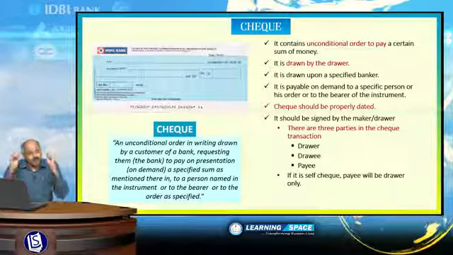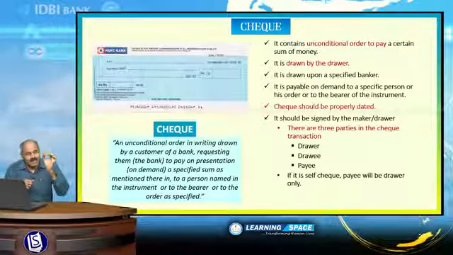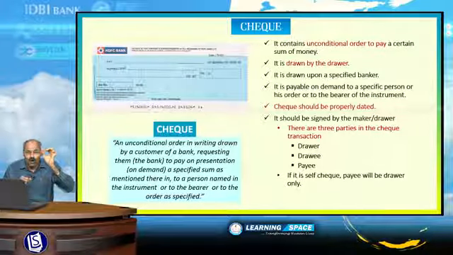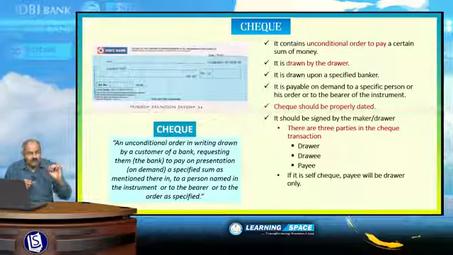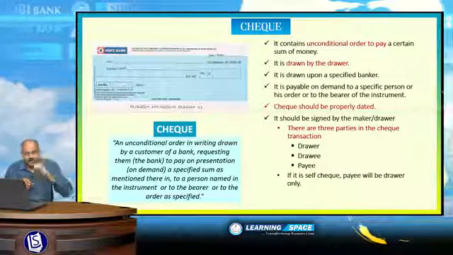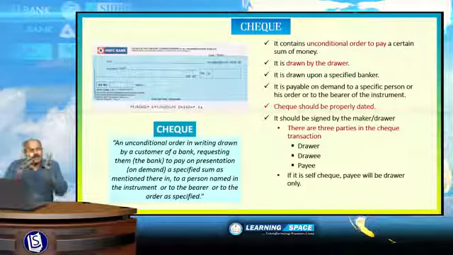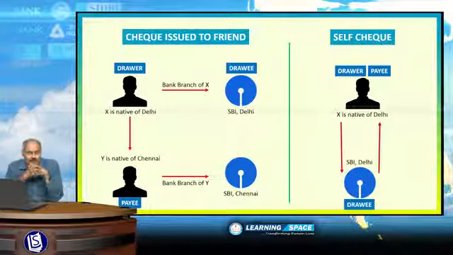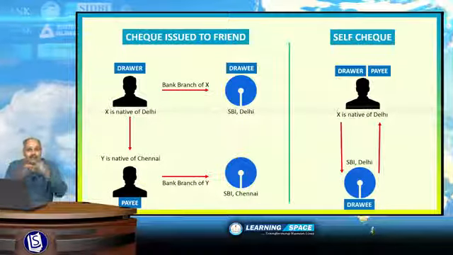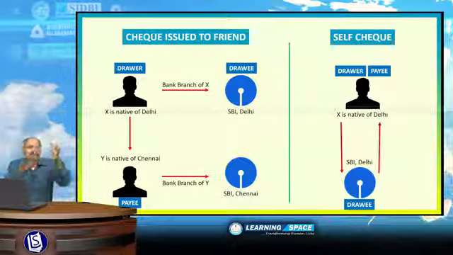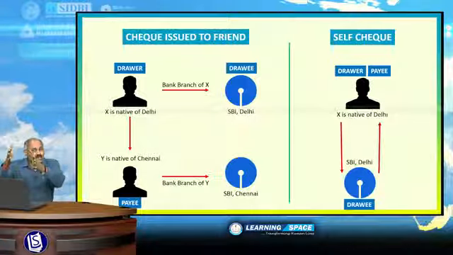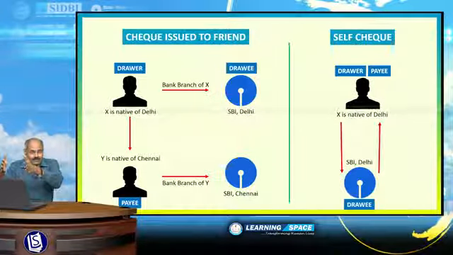Before understanding what is meant by drawer, drawee, payee, I would like to take up one example, right. Let us look at this illustration, left side and right side. Left side is a check issued to a friend, right side is a self check.